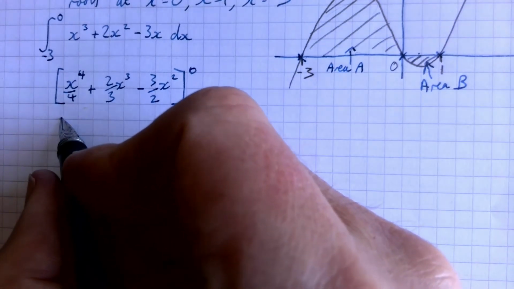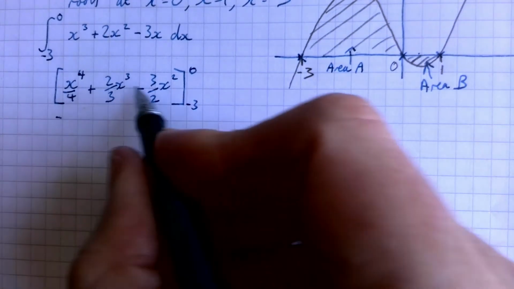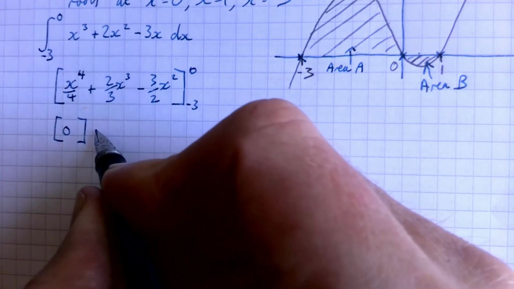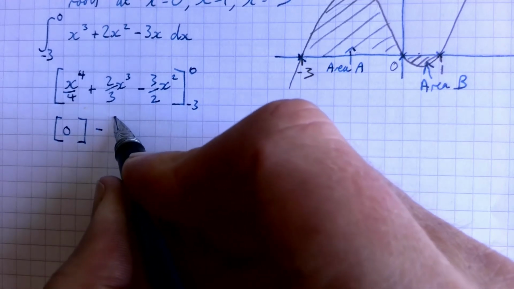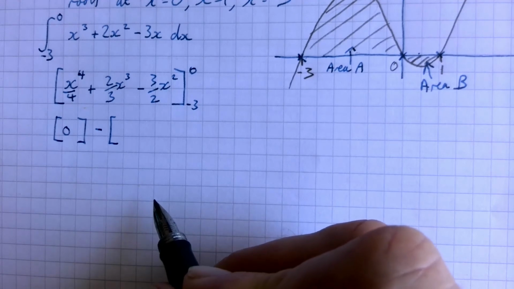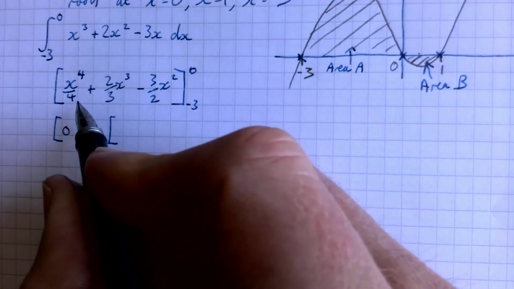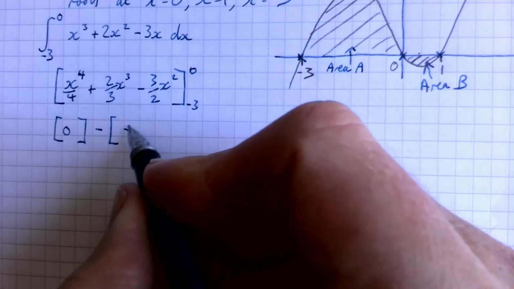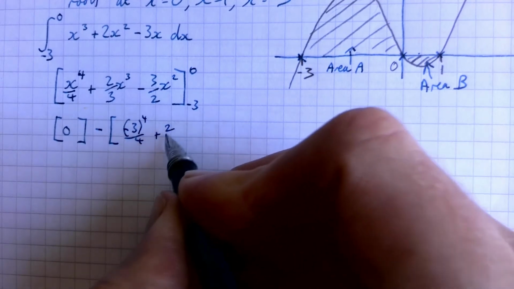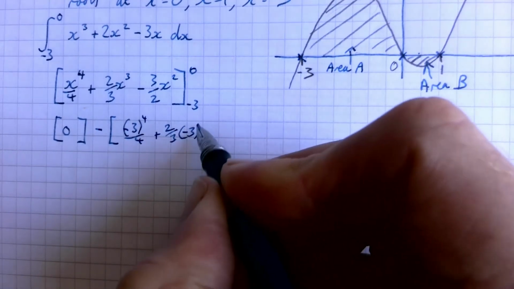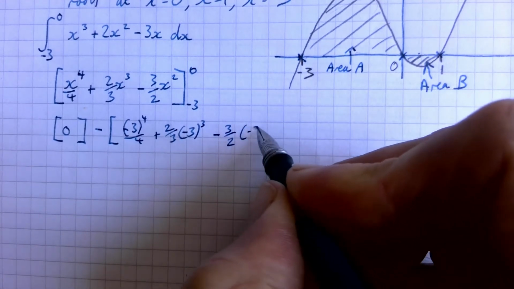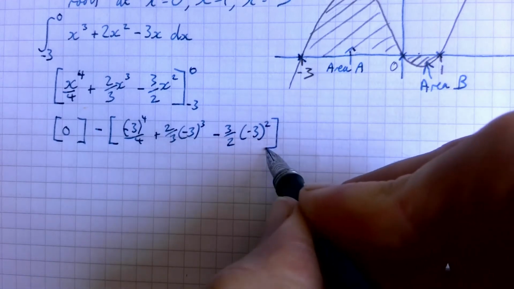We have the first part, all of this is going to be worth 0, isn't it? And then we're going to be taking away from that what we get for negative 3, which will be negative 3 to the power 4 over 4 plus 2/3 negative 3 cubed, take away 3 over 2 negative 3 squared.